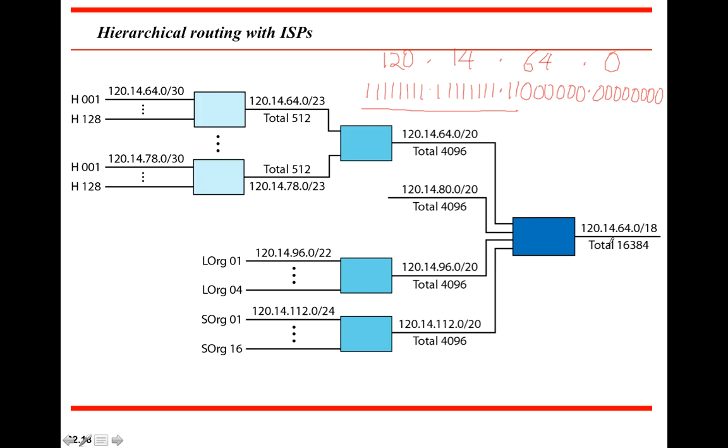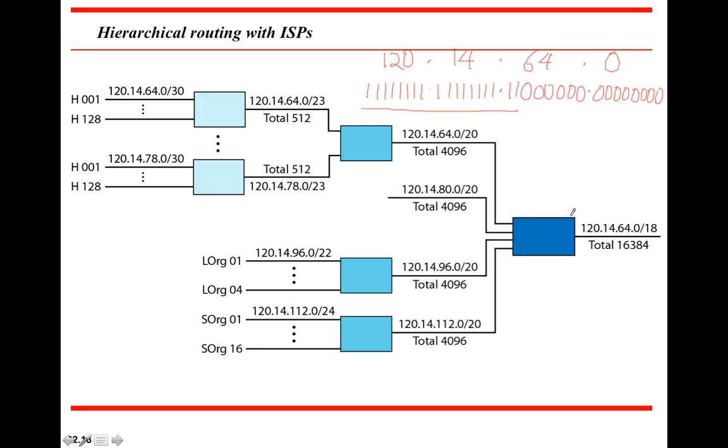Now the question comes, we cannot simply assign random addresses to devices. They must be done in a systematic manner. In this case, we had the example of Mobily as the service provider.